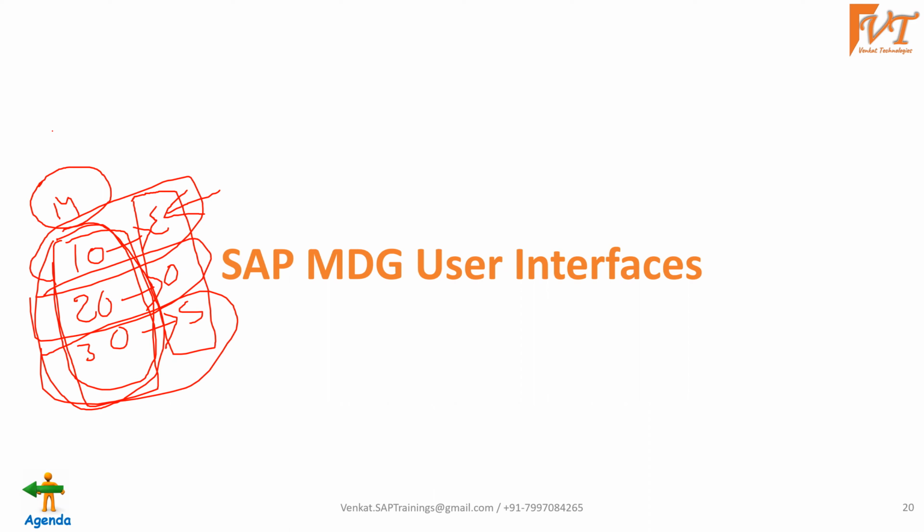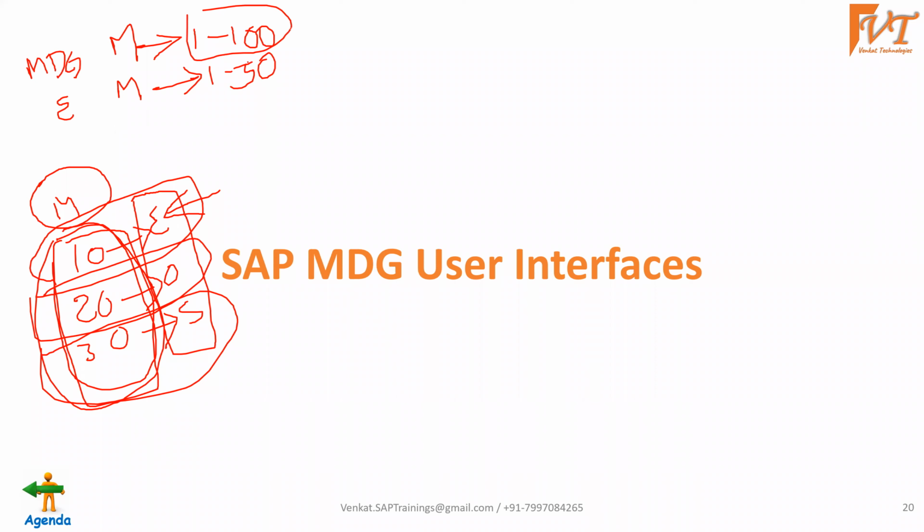Let's say I'm going a bit more technical. The available material number ranges are 1 to 100 in the MDG system, and in the ERP system, the material number ranges are available as 1 to 50. If there are different materials here, let's say material number 80, can it be accommodated in ERP?